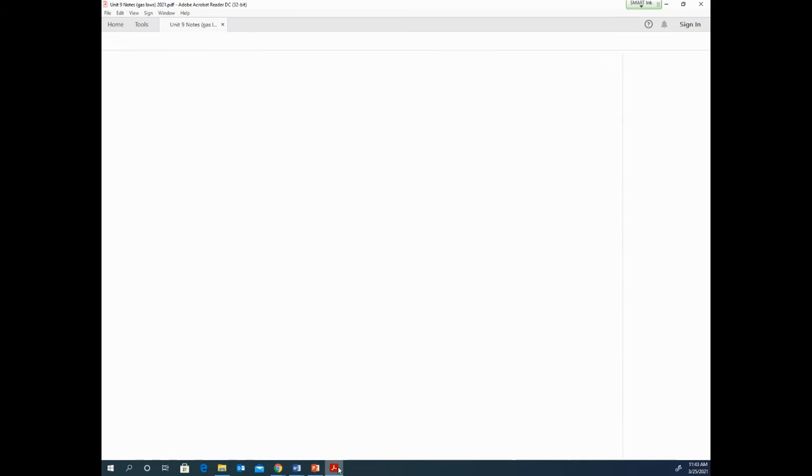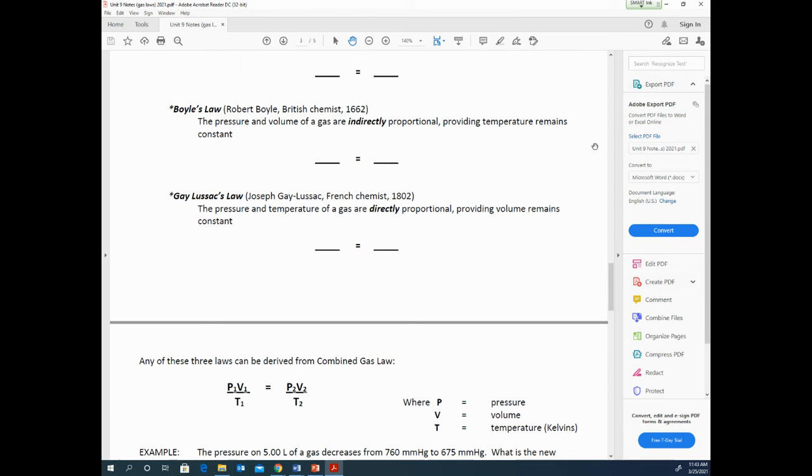I just wanted to show you what this law is really talking about: how temperature and pressure are affected by each other. The pressure and temperature of a gas are directly proportional, which means as temperature goes up, so does pressure. It's the same as the law we talked about yesterday.